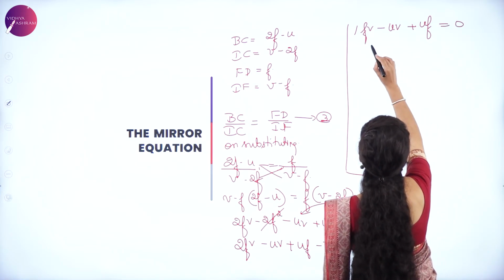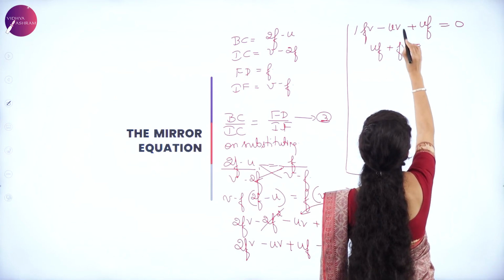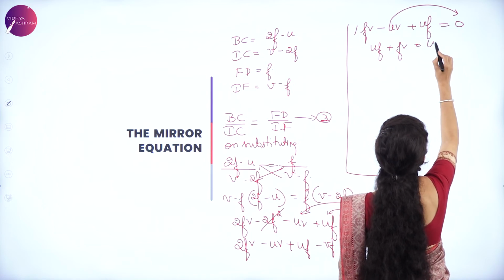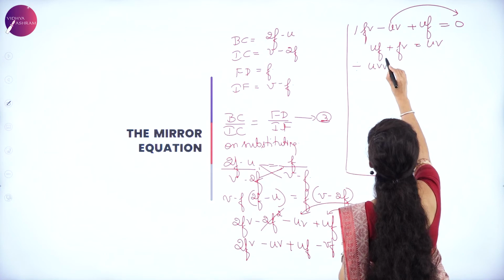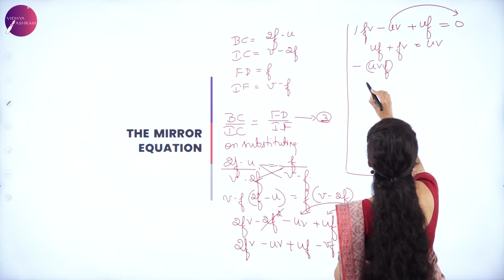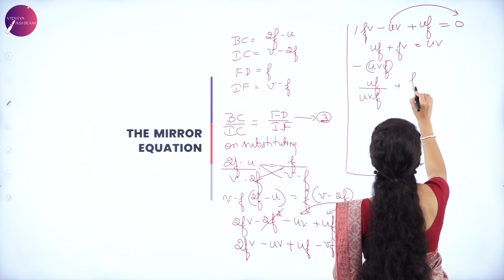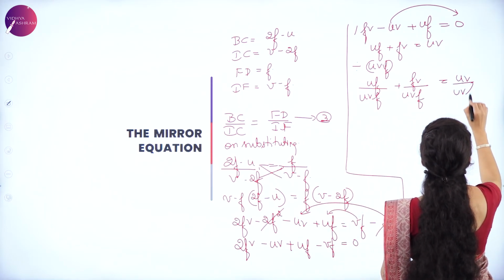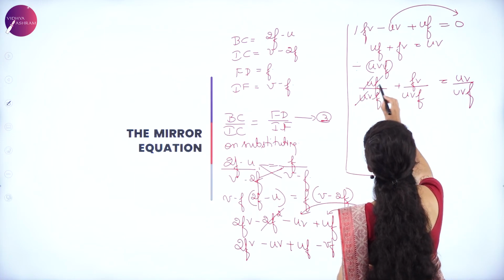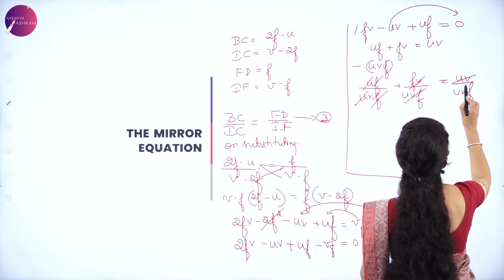Now it will be like UF plus FV is equal to, you can take towards the other side, it will become UV. Divide throughout by UVF. So UF divided by UVF plus FV divided by UVF is equal to UV divided by UVF. You will have U cancel with U, F and F cancel, V and F cancel, and VF cancels, UV cancels.